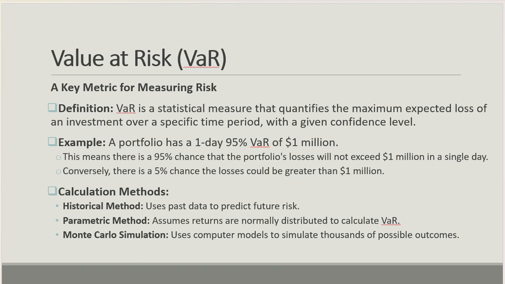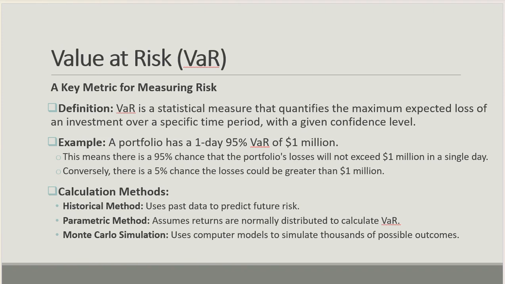So we are 95% confident that the portfolio will not lose beyond 1 million in a single day. Conversely, there is only a 5% chance the portfolio could lose more than 1 million.